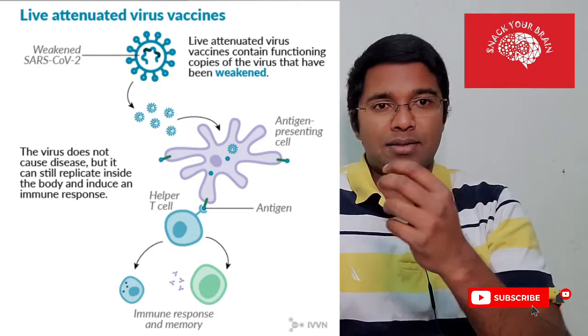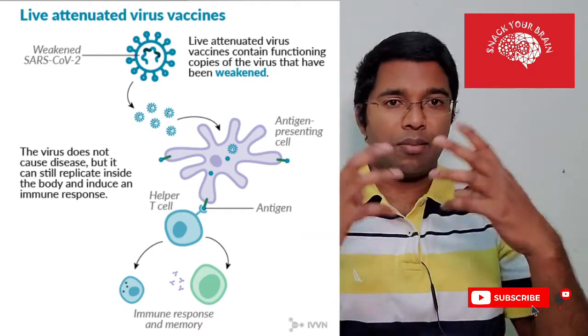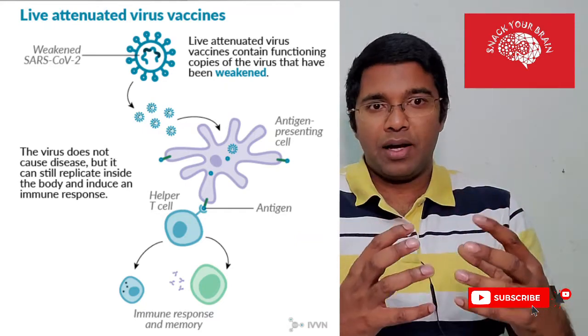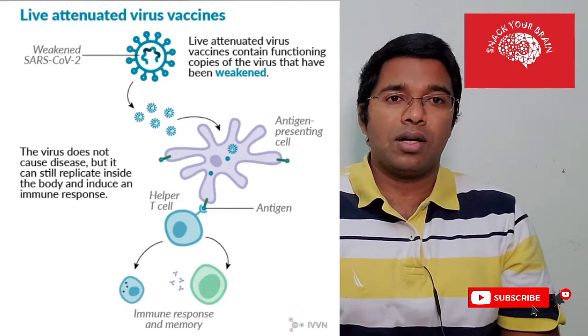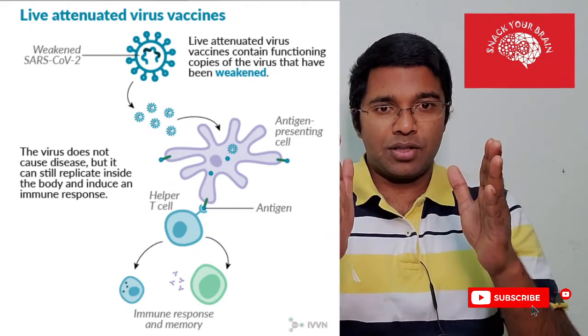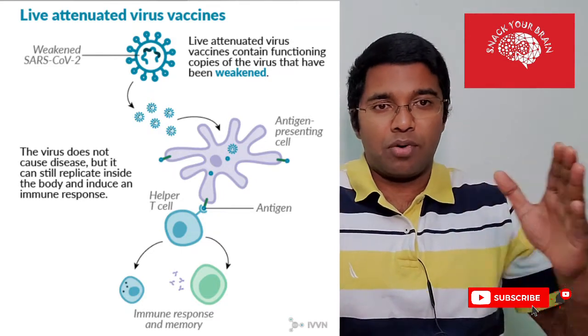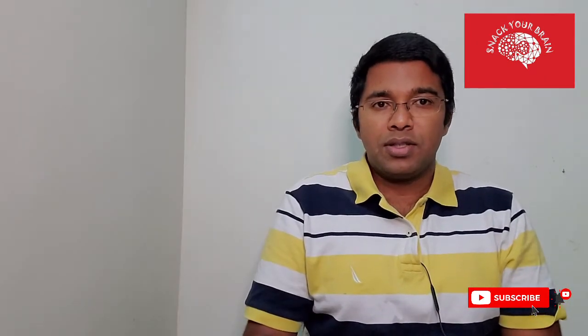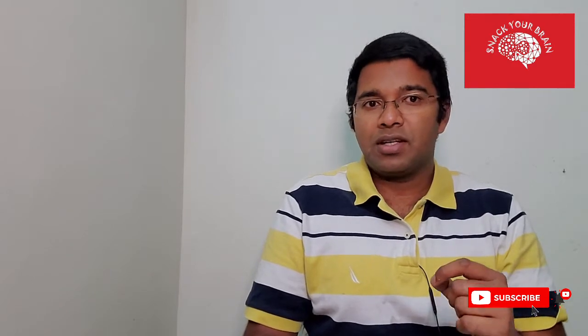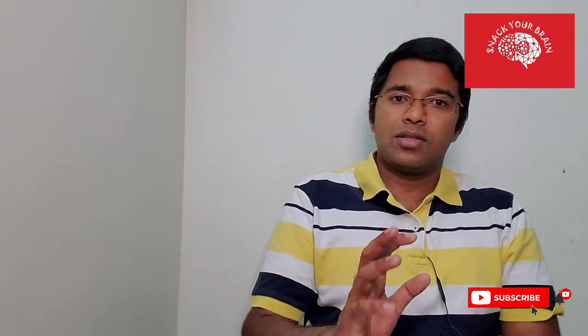And then again it is grown inside a host cell in a bioreactor, purified, and then packed with a stabilizer or a preservative to make sure the virus stays alive for a long time, and then it is injected into your body. So this creates a little bit of fever and those kinds of things. Okay, so this is the second type of vaccine.